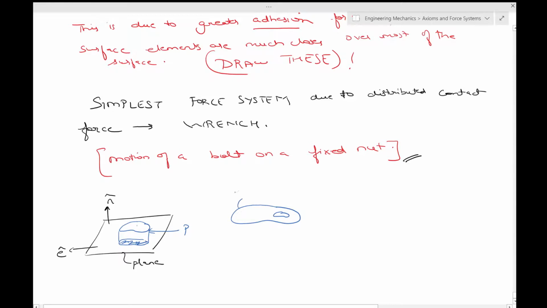So this is area A, this is clearly area dA, and on this area it will be PdA in the direction N. Then I must also show the friction.